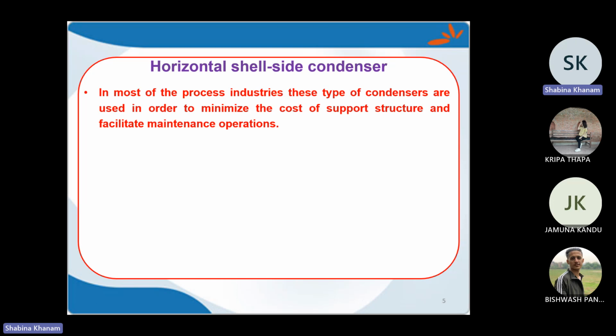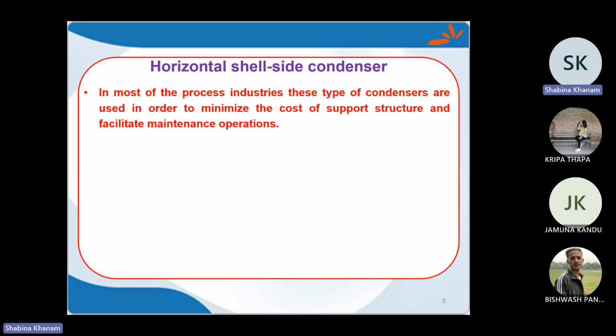So when you are going for the design of condenser, you need to choose the orientation as well, because until you choose this, you cannot design that. We will see further in subsequent slides. Therefore orientation is that much important over here.